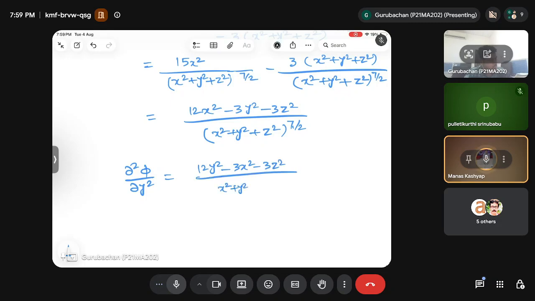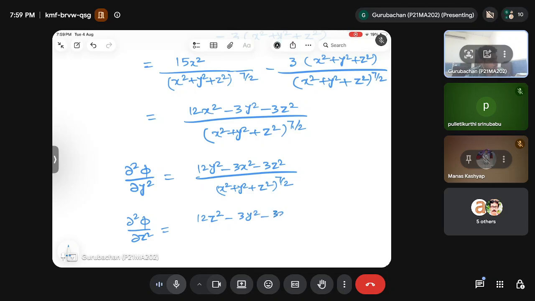So by similarity we can do that. 12 z square minus 3 y square minus 3 x square.